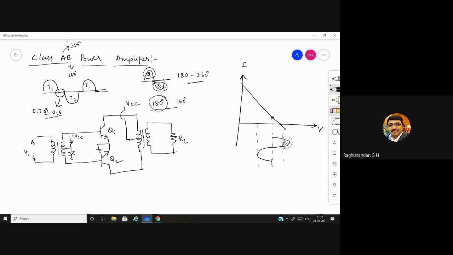So how are we going to do this? Here you can observe at the secondary, we are adding a diode which is connected to plus VCC.